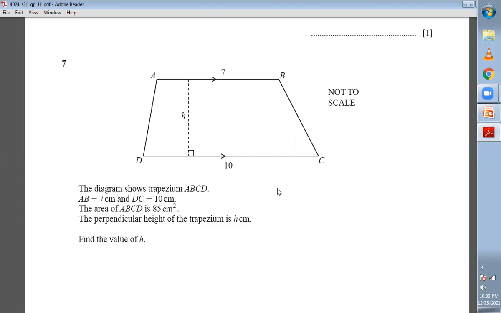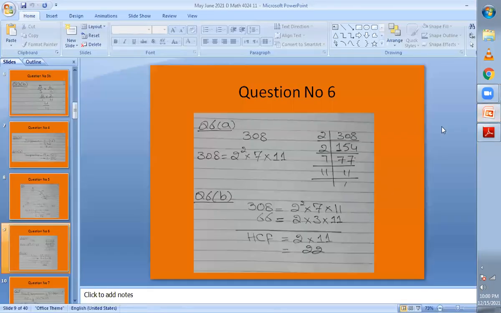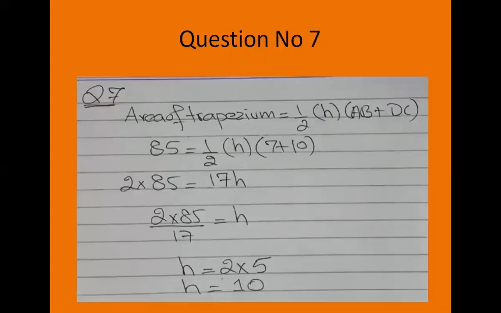You know, the area of this trapezium is 85 centimeters square. And you know the formula for the area of a trapezium is 1/2 into height into sum of parallel sides. So by using that formula of the area, we can find out the height of the trapezium. Let me show you. So the area of the trapezium, we know the formula is 1/2 into height into sum of parallel sides.